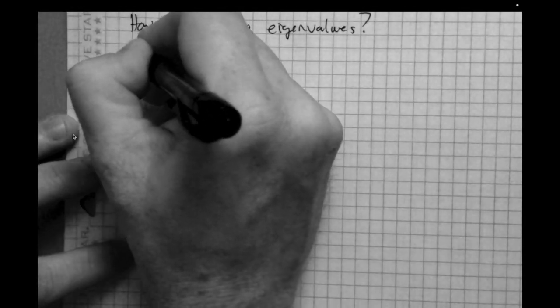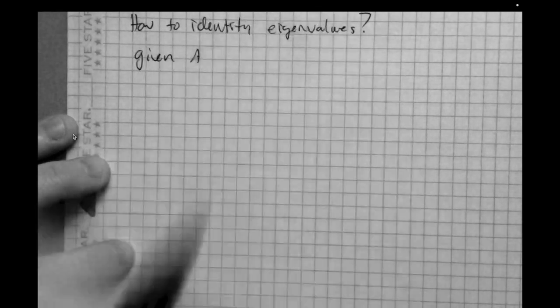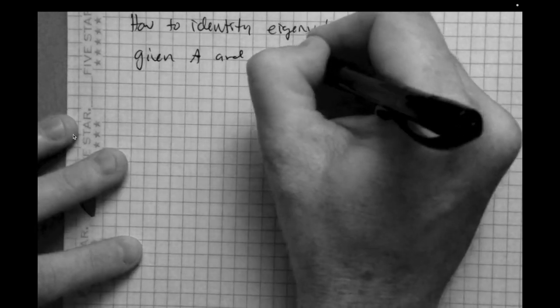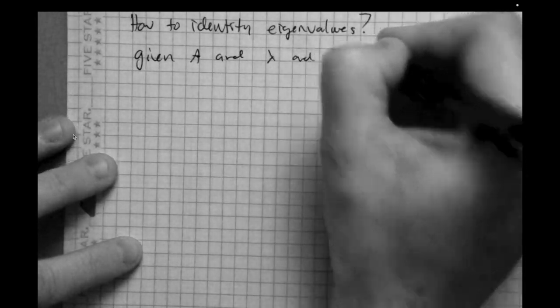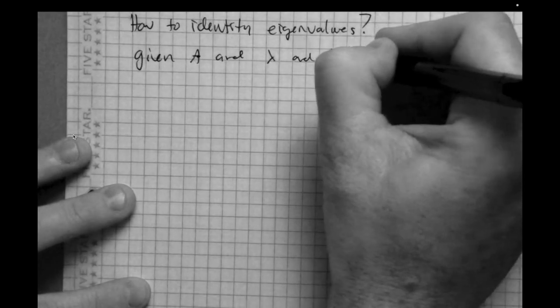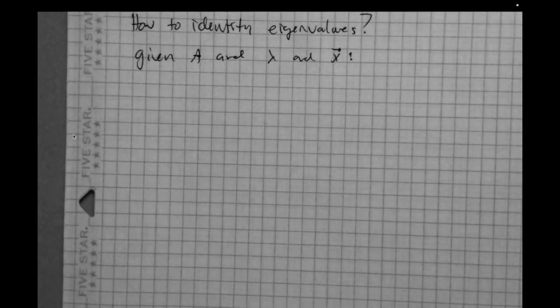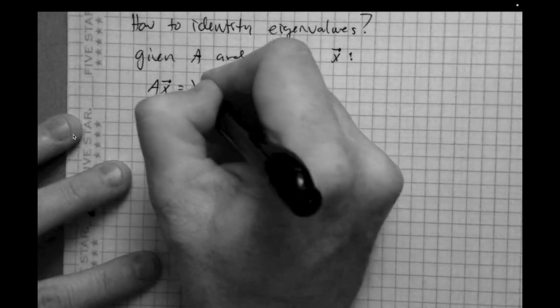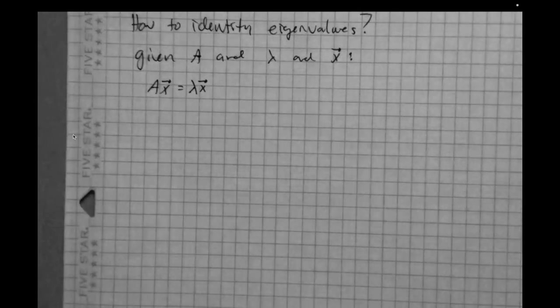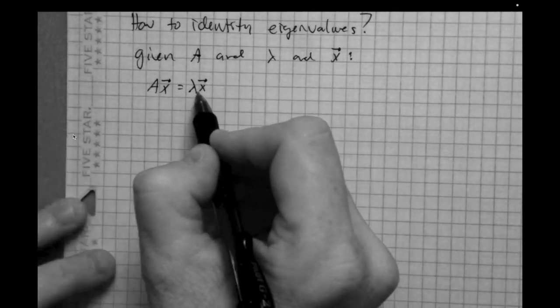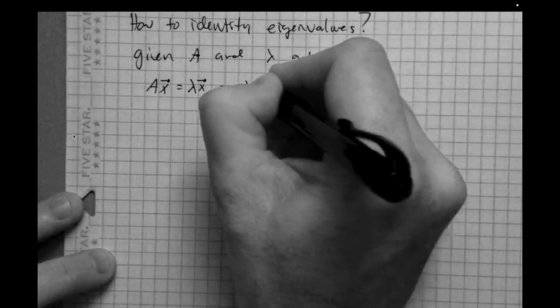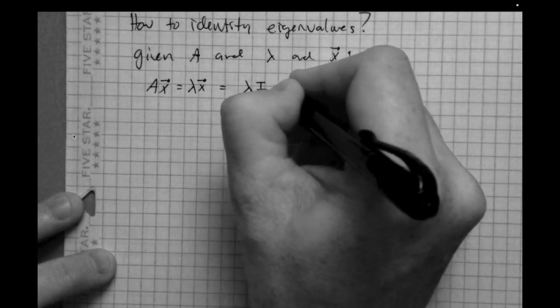Let's say we're given the matrix A, and lambda and an eigenvector x. We're starting with just the ingredients here. We know that A times the eigenvector x is equal to lambda times the eigenvector x. One way to think about lambda times x is to write it as lambda times the identity matrix times x.